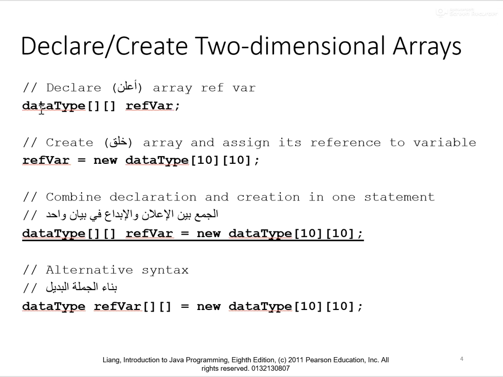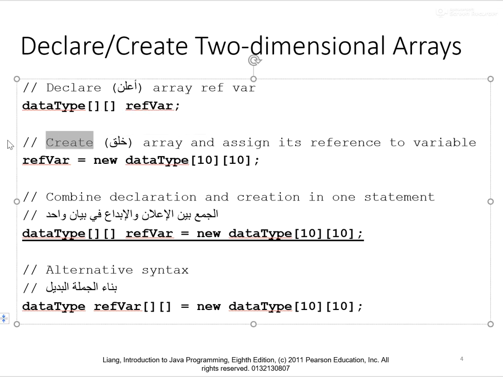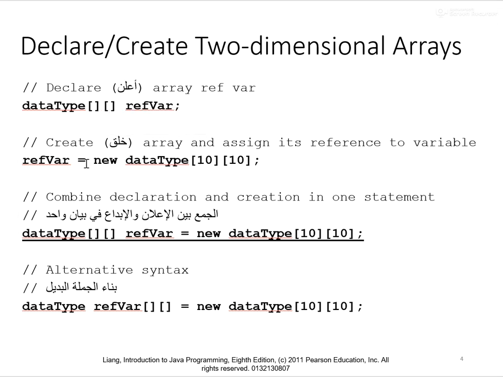Now, this is just giving a name to that array. You haven't built it, you haven't allocated the memory necessary for that array in your computer's memory yet. So you also have to create an array, and this is the second step.